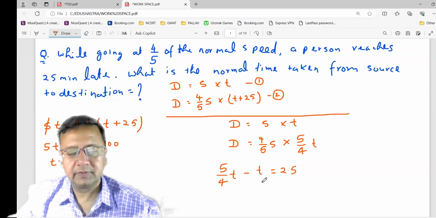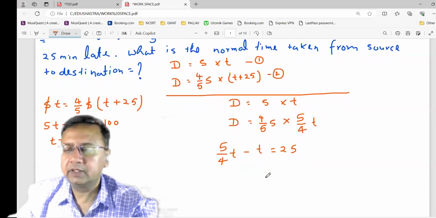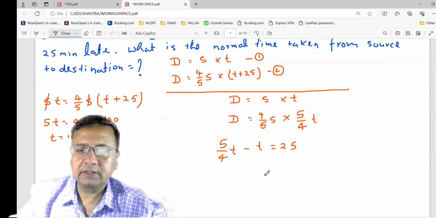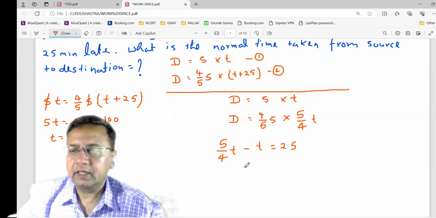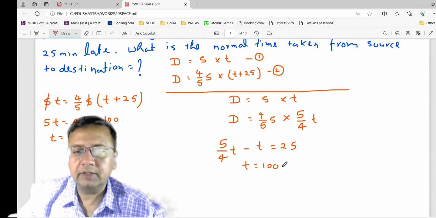Taking an LCM and simplifying, I suppose you must be getting t is equal to 100 minutes.